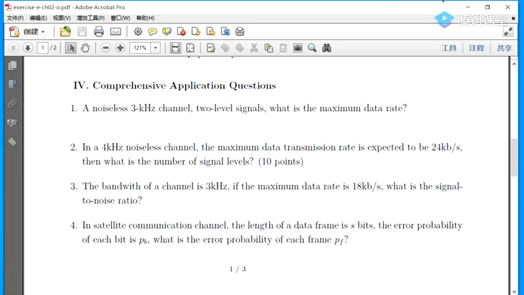Look at noiseless. For a noiseless channel, the maximum data rate C is 2B log 2, sorry, 2B log base 2 of 2.